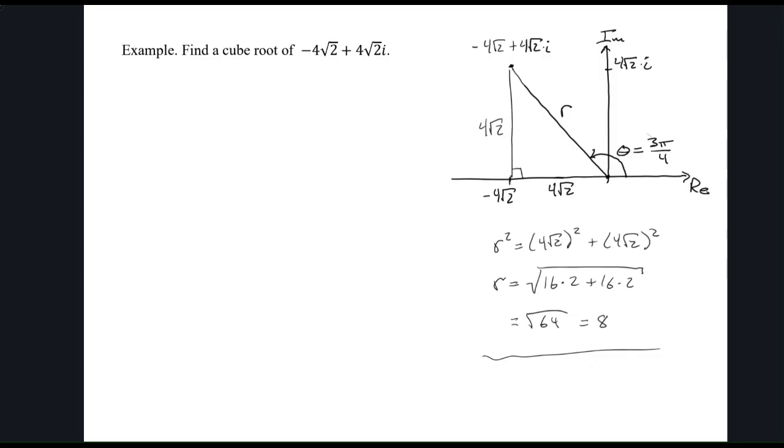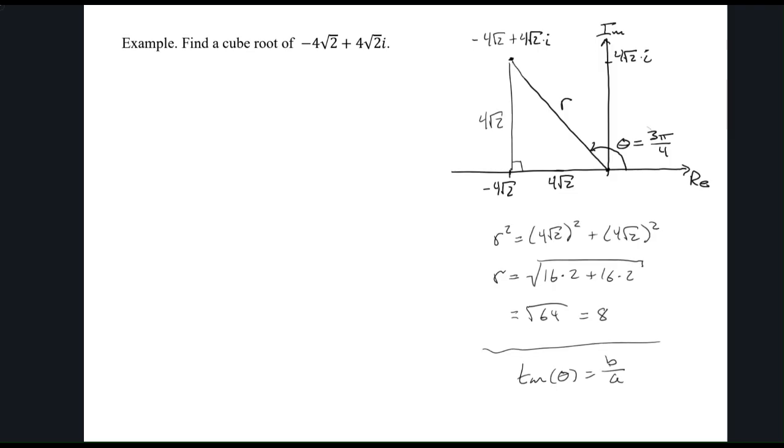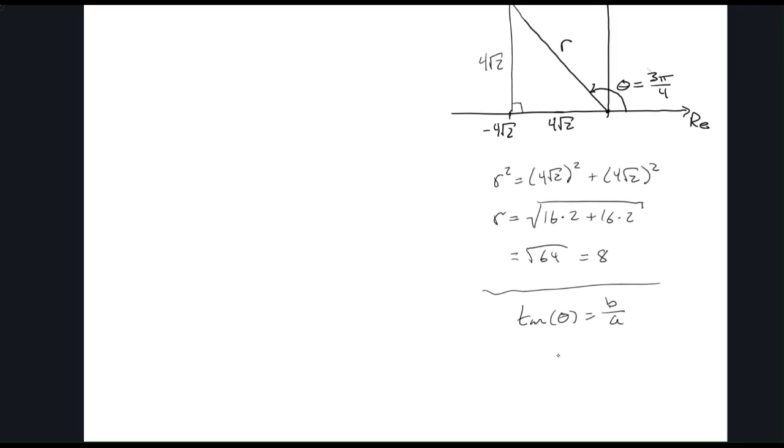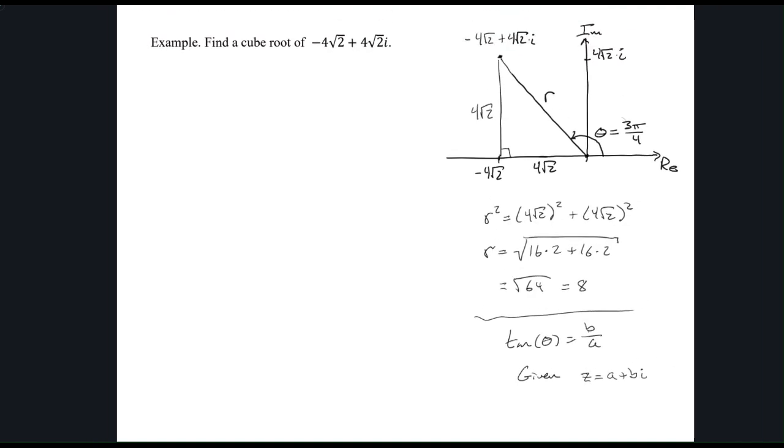Remember, if that's not apparent, you would need that the tangent of theta equals b over a, where the complex number z is equal to a plus bi. And when you isolate the theta, you might need to add pi to make sure that you're in the right quadrant.